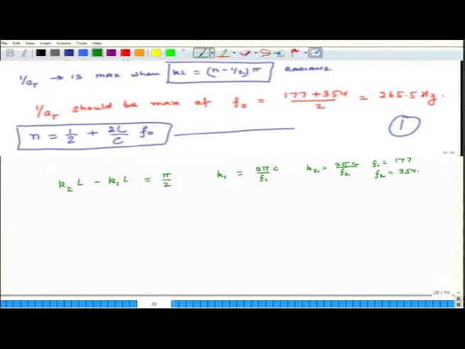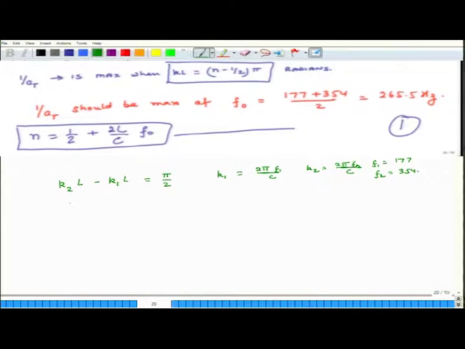No, I think I messed it up. So, k1 is equal to 2 pi f1 divided by c, and k2 is 2 pi f2 divided by c.